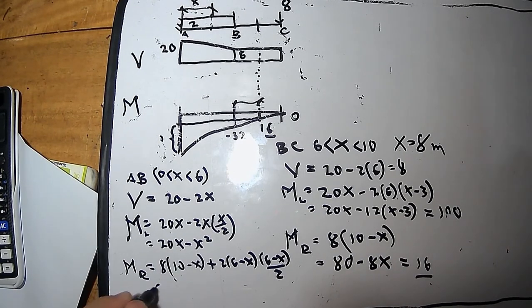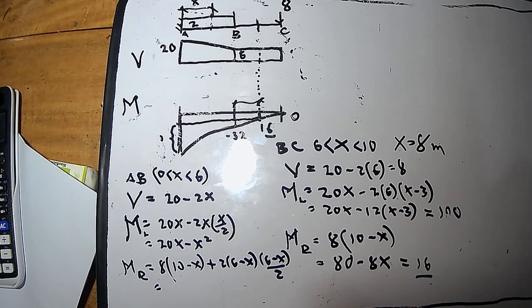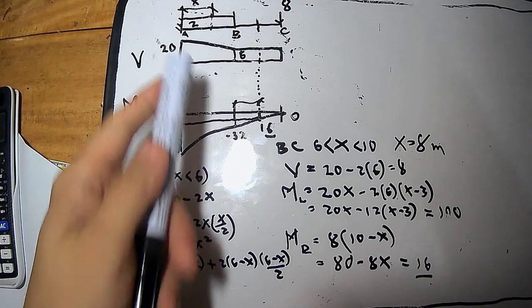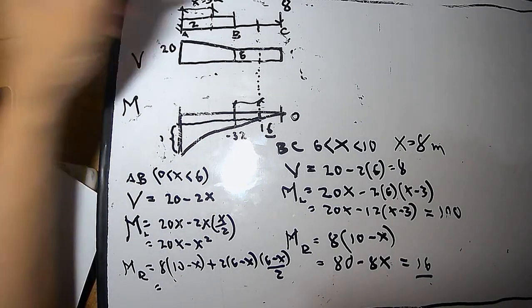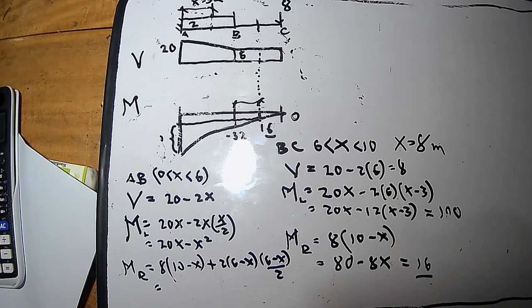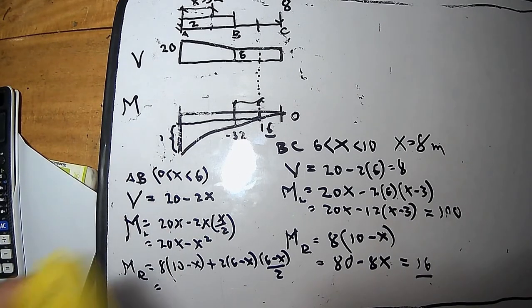Okay? Now, let us say we have the value x is equal to 3 meters. Dapat mag-a-add din siya ng 116. So, erasin ko na ito.